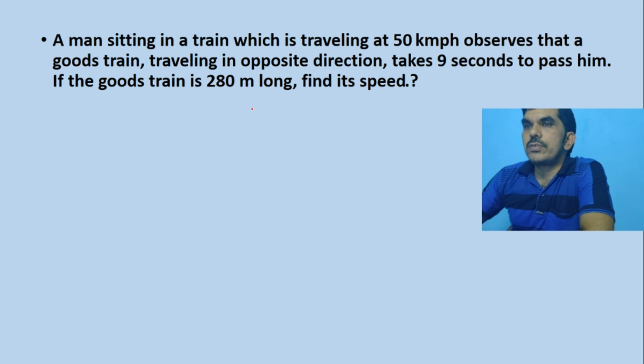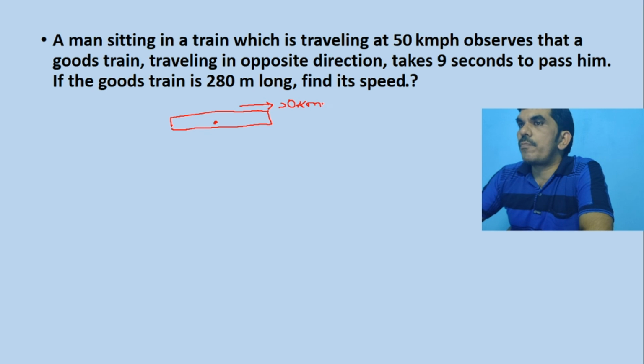Now what happens? A train. In the train, one person is sitting somewhere here. So a man is sitting in a train. Now this entire train is running at a speed of 50 kmph. Correct?